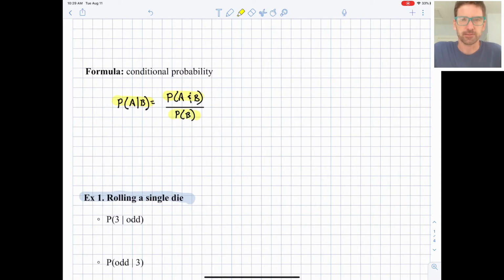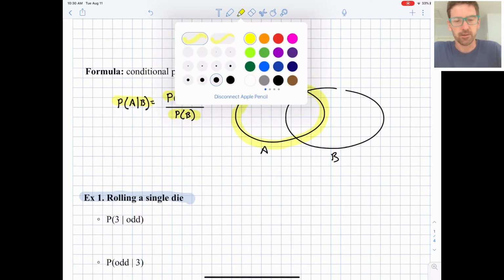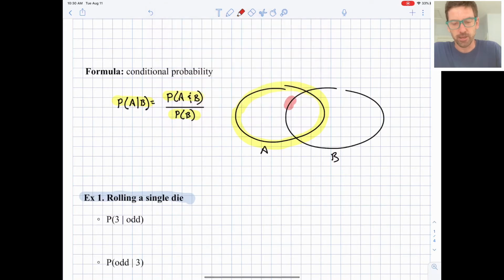Venn diagram style, real quick, let's say this is A and this is B, and you're wondering, first off, just what the probability of A is. That's going to be this. But now, let's say we are given that B has happened, and we can zoom in on this probability of A out of the red circle.